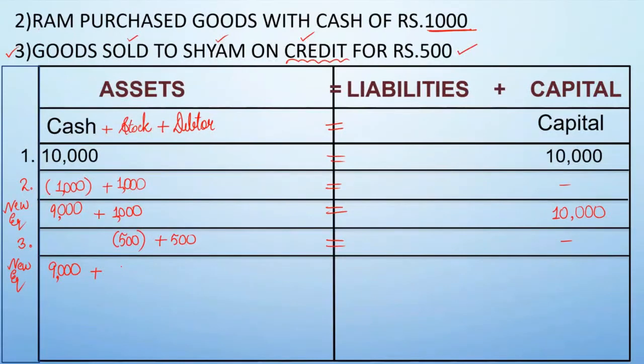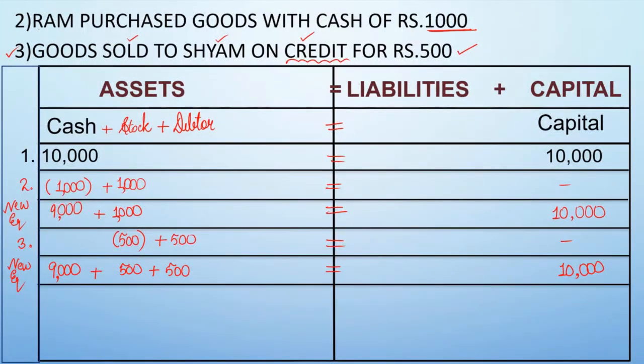Along with that, we have 500 as the balance of stock, and 500 as the balance of the debtor, which the business will receive in the near future, which is equated by rupees 10,000 on the other side, that is of capital. So we are done with the third transaction and we have got the new equation.